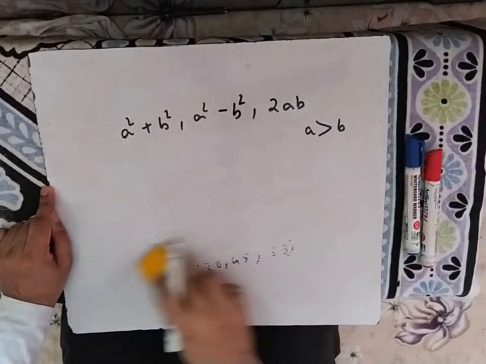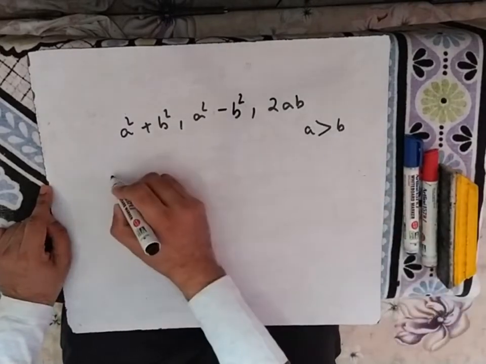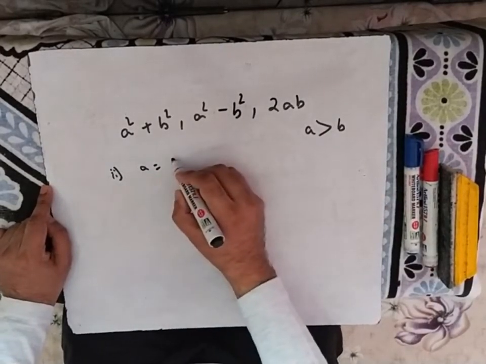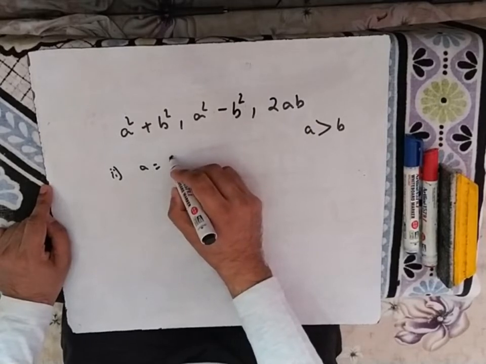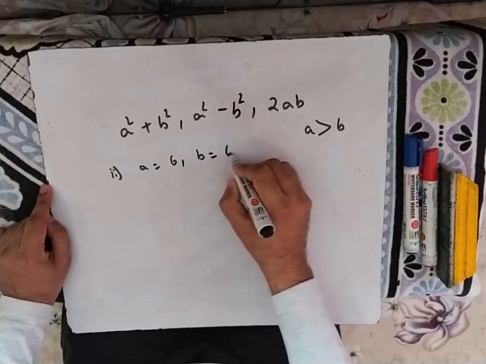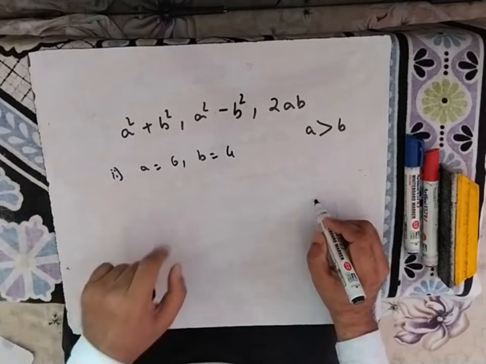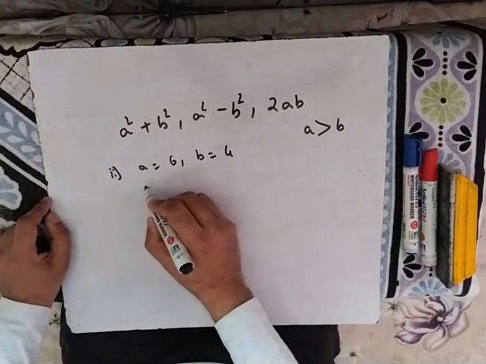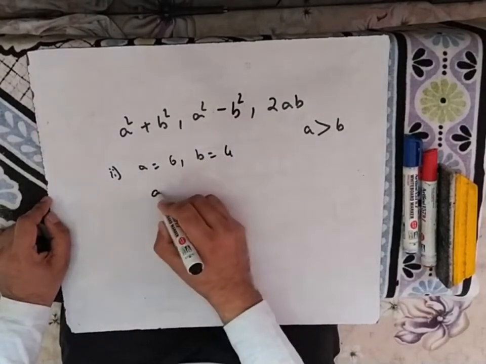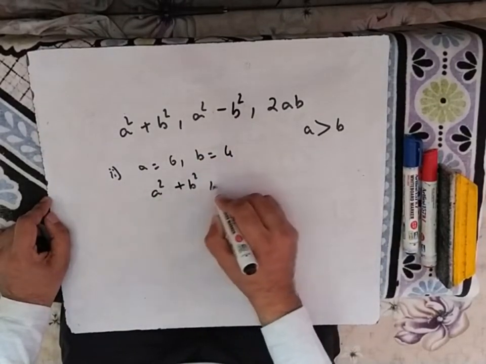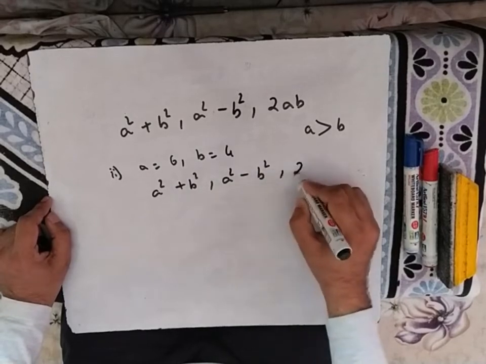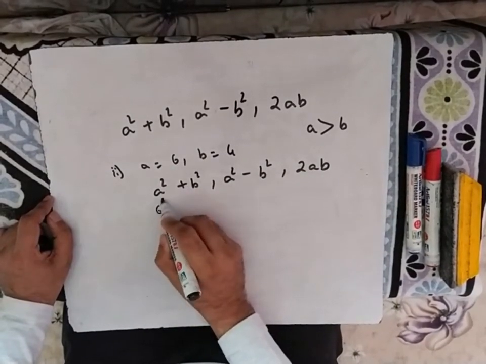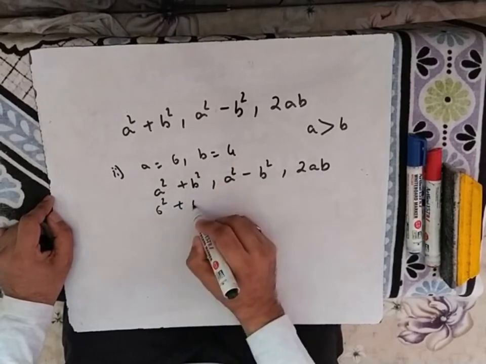Let us take one more example of how to find out a Pythagorean triplet using these three expressions. Let us take the value of a as say 6, b value I am taking as 4. Again I have kept in mind that a value is greater than b value. Now substitute these values in the expressions: a square plus b square, a square minus b square, 2ab. In the place of a will come 6. In the place of b will come 4.